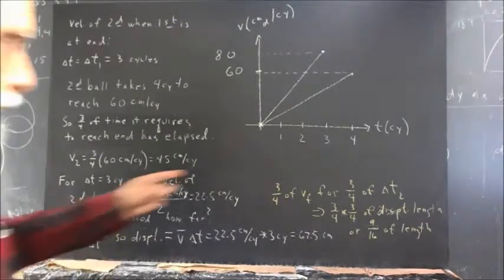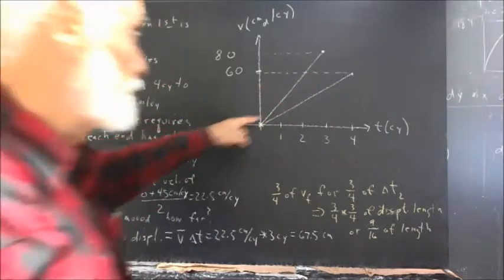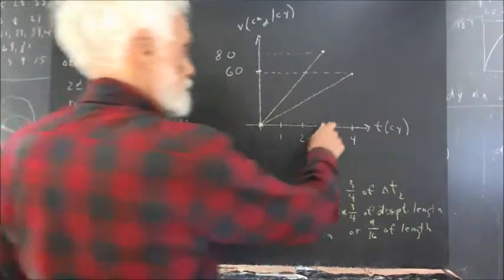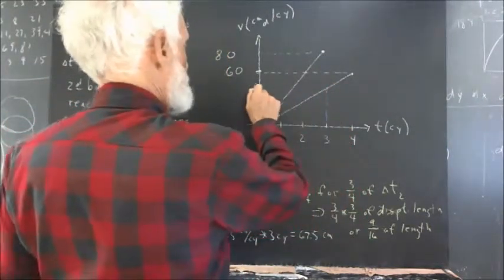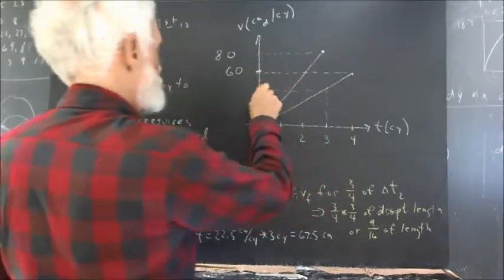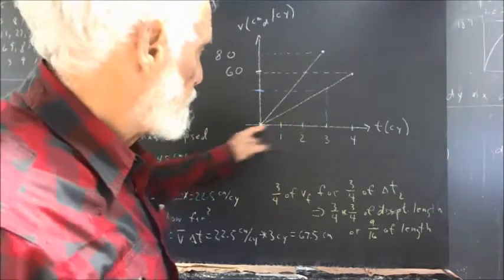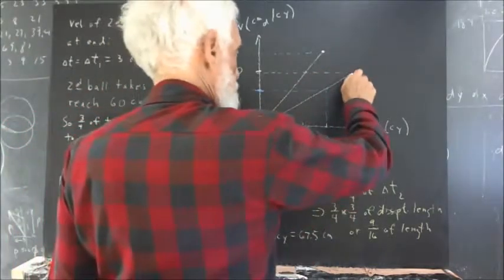Now, after 3 seconds, how fast is the second ball going to be moving? Right there is the graph of its velocity versus clock time. After 3 seconds, the velocity is going to be here. Okay? And it's going to be 3/4 of what it would be after 4 seconds, because you have similar triangles.